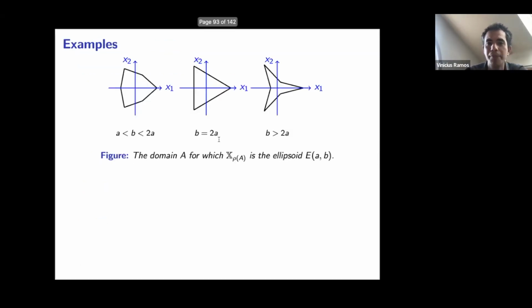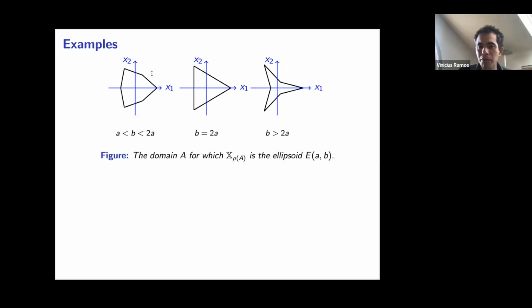So let me actually show you some nice examples. Here, I'm actually doing kind of the inverse engineering now. I start with my favorite toric domain, say an ellipsoid, and I can look at which A will give rise to the ellipsoid. So for which domains A is the toric domain that we obtain the ellipsoid?